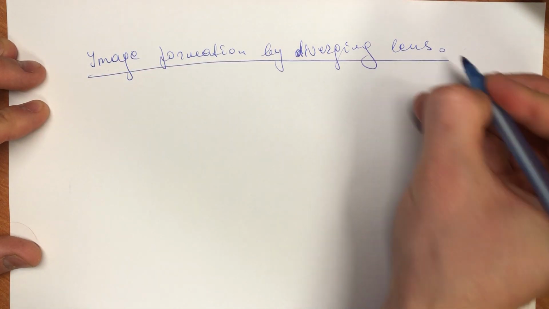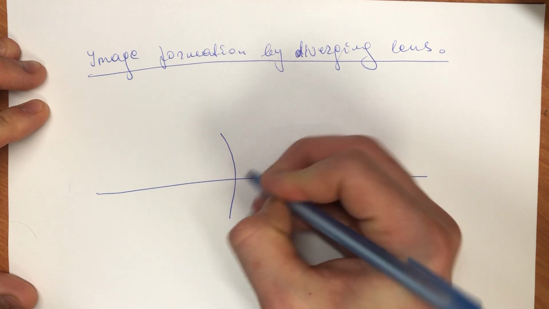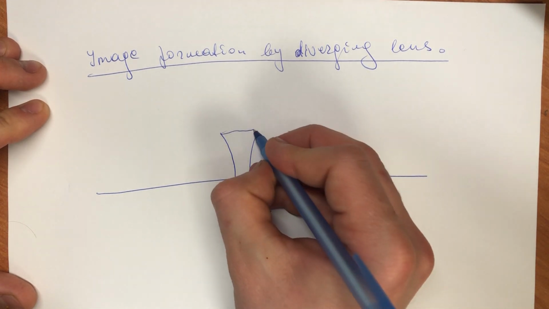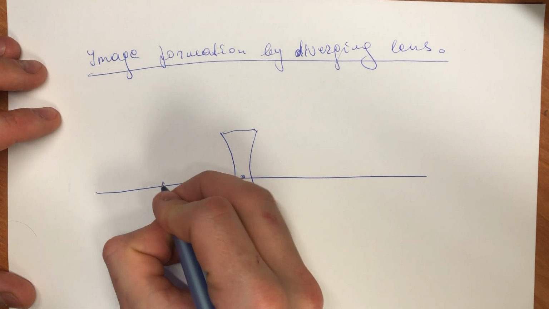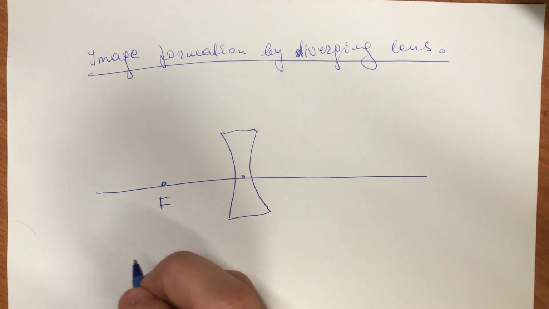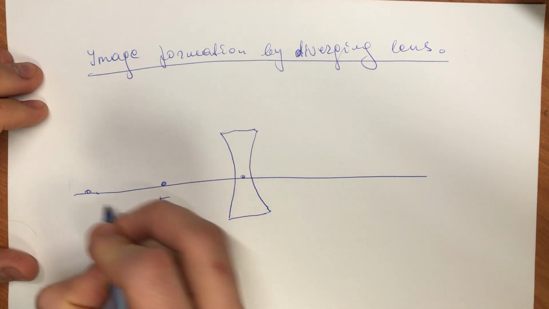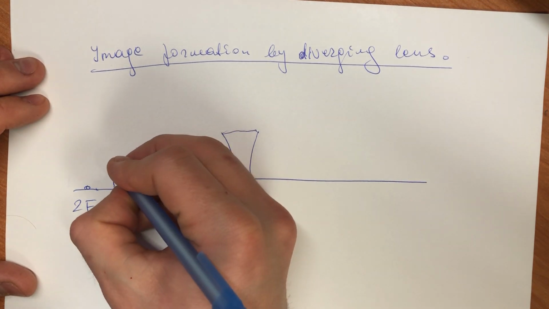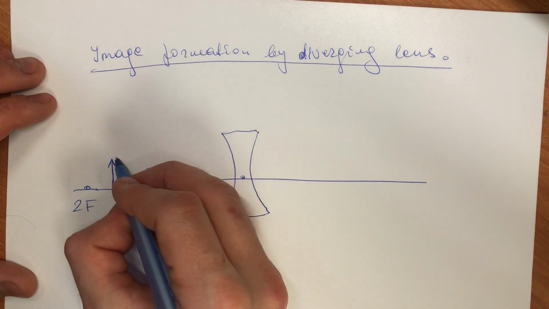So image formation by a diverging lens looks like this: we have the optical axis, we have a diverging lens, we have the focal point, and we put the object again between f and 2f.